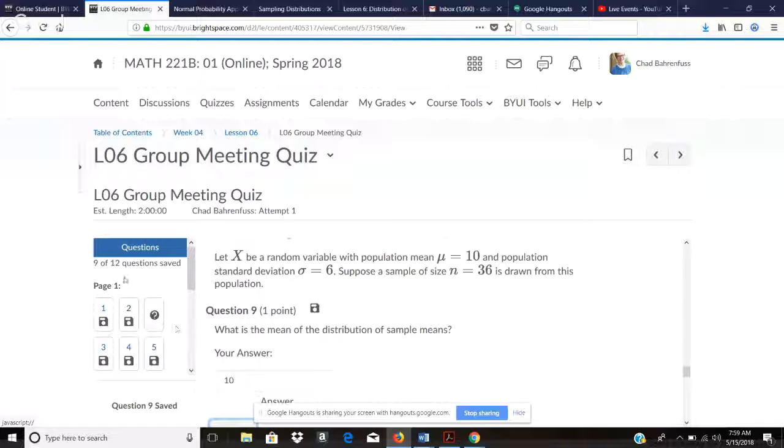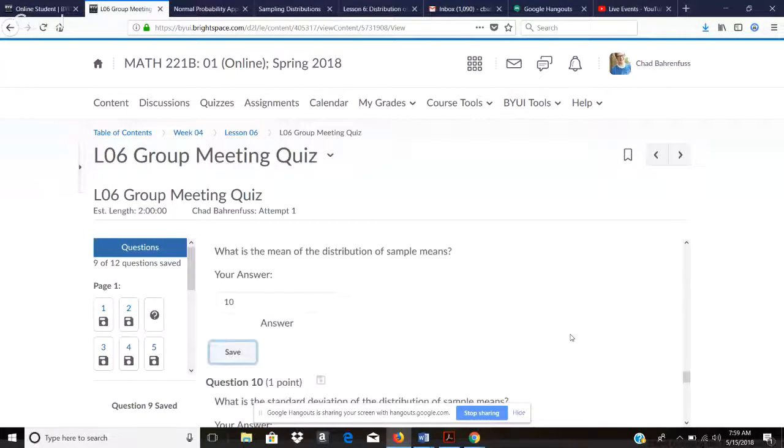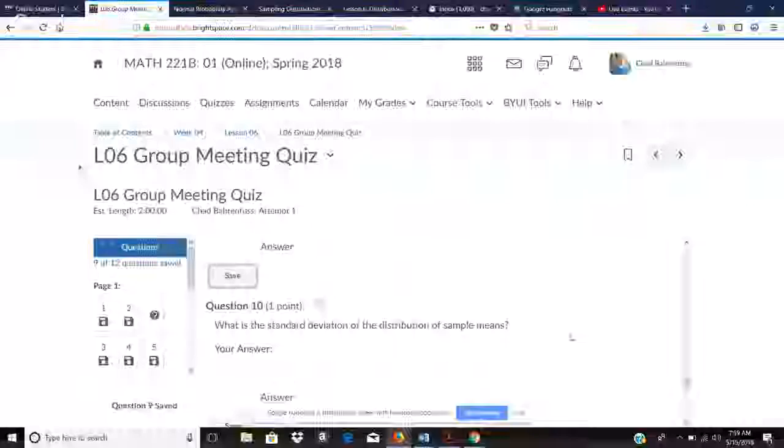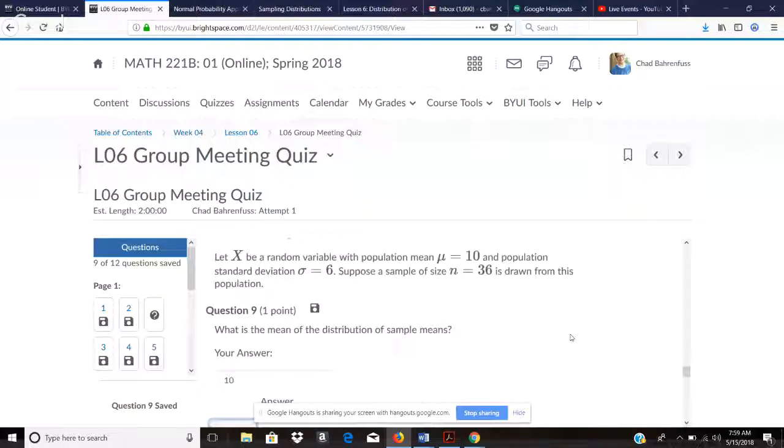So you take the standard deviation and divide it by the square root of the sample size? Is that what you said? Yeah, to get the standard deviation of the distribution of sample means, the formula is 6 divided by the square root of the sample size, which is 36.